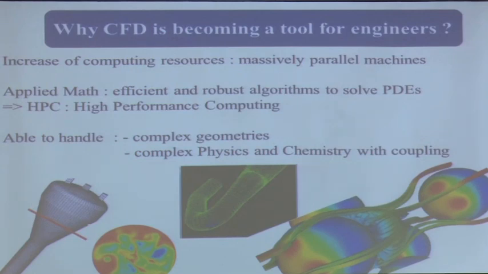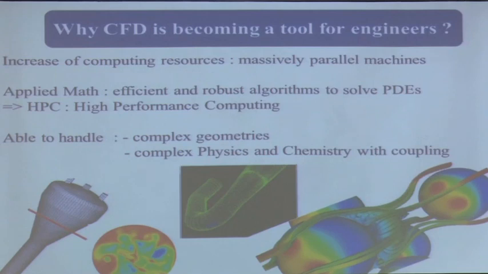You have to learn a lot about applied mathematics for the algorithm, for the coding, and for using all these CPU resources. You have to use many processors, but it's not obvious, because some processors do some calculation but need information from the other processors.